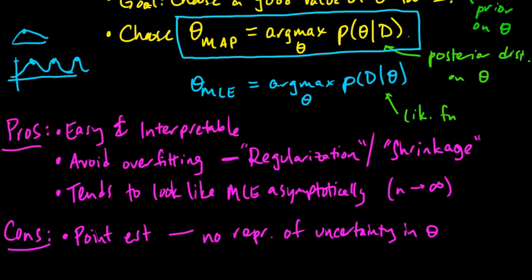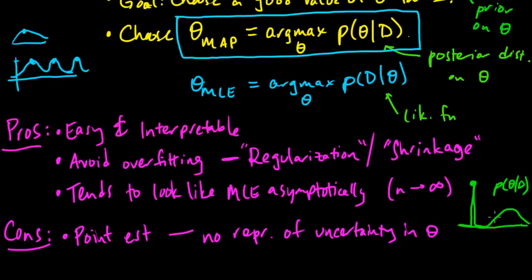A degenerate example would be if your posterior distribution looks something like this. So this is the posterior on theta given D. And the MAP then would be this maximum.